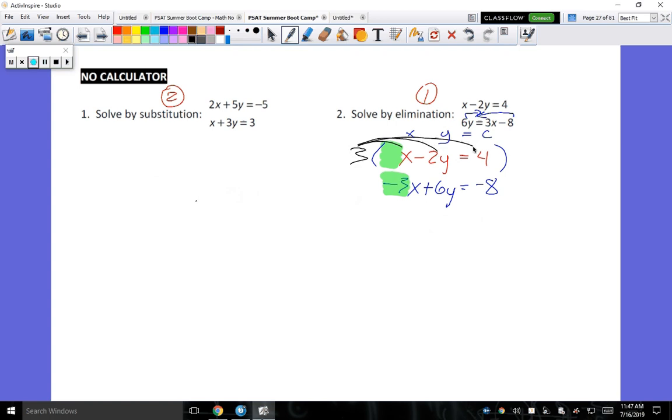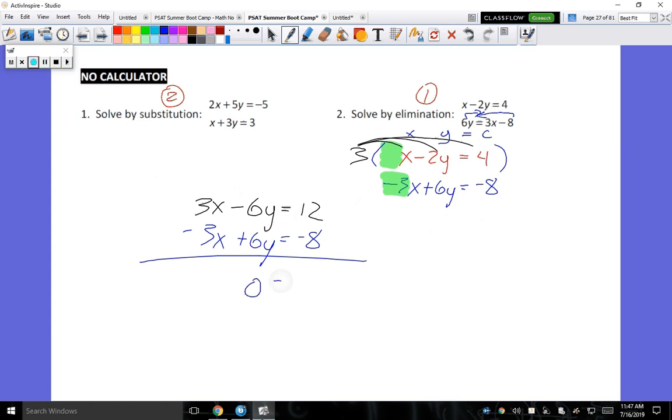Because the top will become a positive 3x minus 6y is equal to 12. And the bottom one still stays the same. Now, here we go. I've eliminated x, but I've also eliminated what? Y. Why? Because cancellations of addition cancel to 0. So both things went to 0, and the right side went to 4.